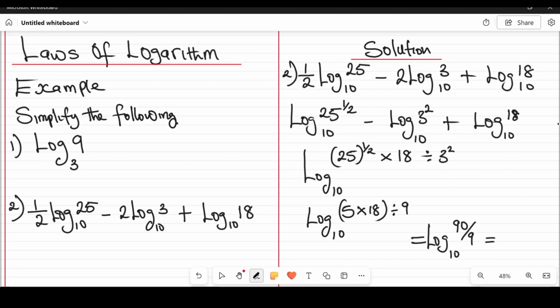So this can be written as log 10 to base 10, which is equal to 1. So we have been able to express that 90 divided by 9 is equal to 10. So everything we have in that expression is equal to 1 as we applied the laws of logarithm. I hope these examples help you understand how to use the laws of logarithm.